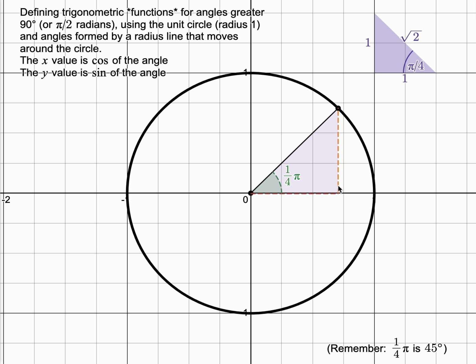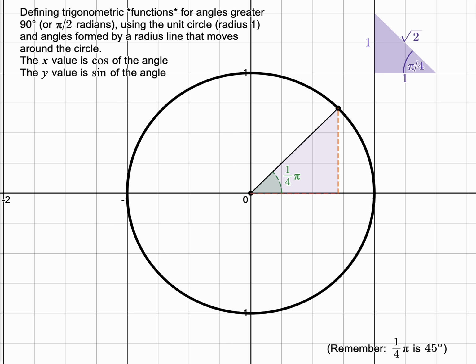They're both right-angled triangles, and they both have the same angle that I'm interested in finding the trig values for. And because the angles of a triangle add up to 180, the other one must be the same as well. They're different because they have different side lengths. Up here we've got root 2. Down here we've got 1, because it's the radius of a unit circle.